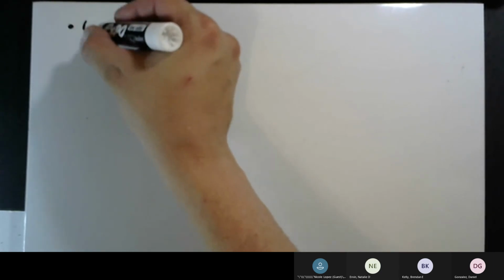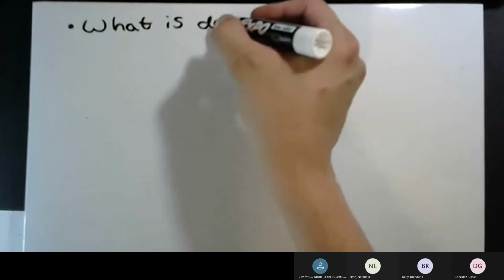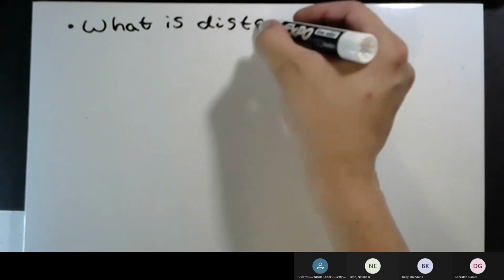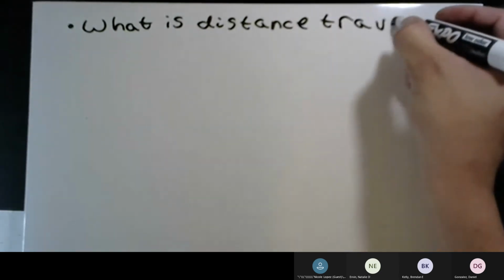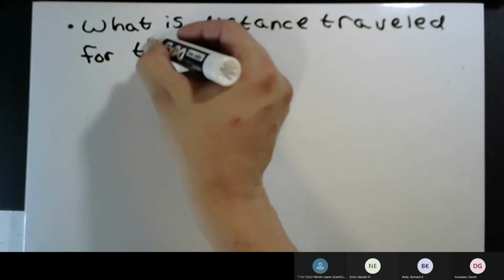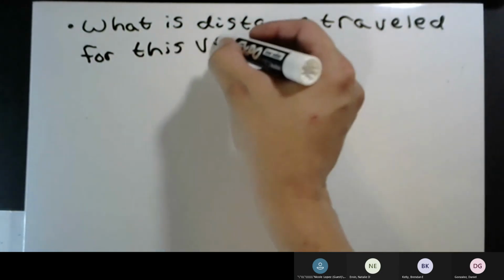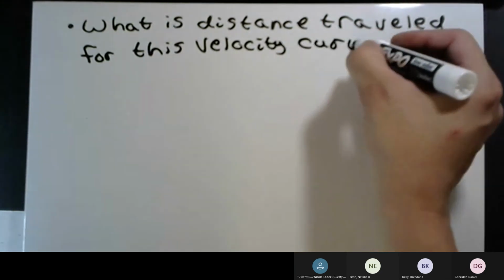Let's suppose the velocity is a little trickier. So what is distance traveled for this velocity curve?